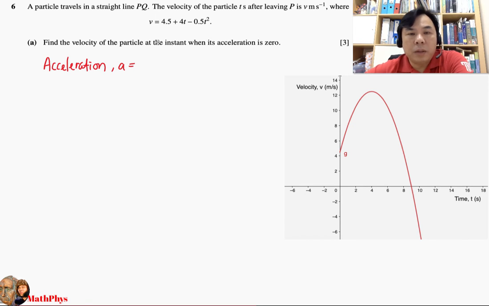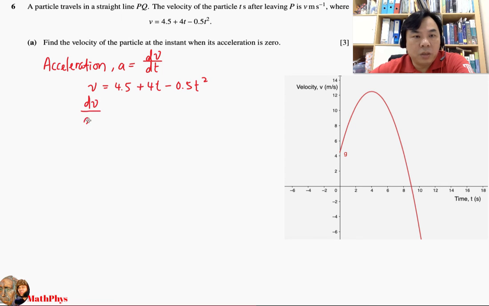Acceleration is given by the rate of change in velocity, so in calculus we write it as dv/dt. To get the acceleration, we perform differentiation. If I differentiate v equals 4.5 plus 4t minus 0.5 t squared with respect to time, I obtain the acceleration, which is 4 minus t.